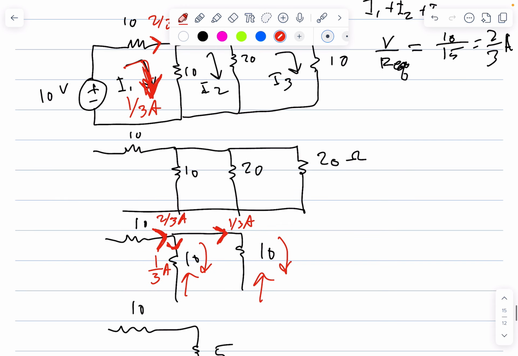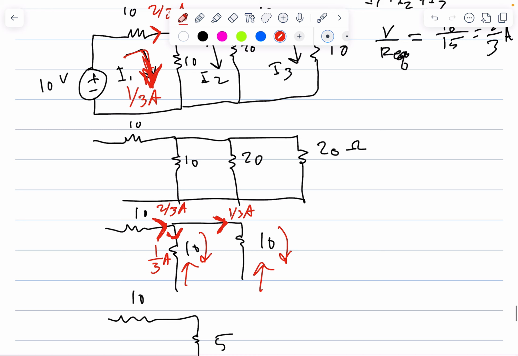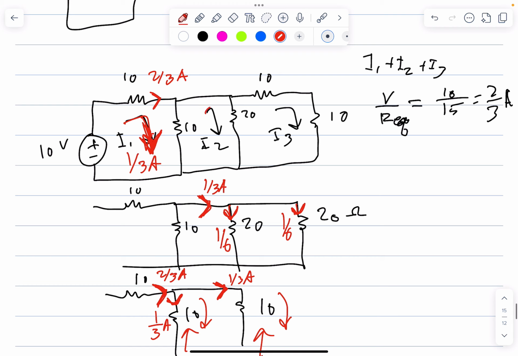And now I'm going to go back up here. I'm going to realize that at this point here, I'm getting 1/3 of an amp. And again, I see an even current split. 20 here, 20 here. Which means that this is getting 1/6 of an amp, and this one's getting 1/6 of an amp. So now I know I2 is 1/6 of an amp, right?